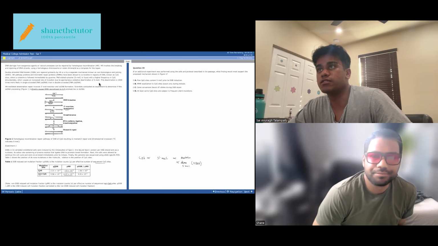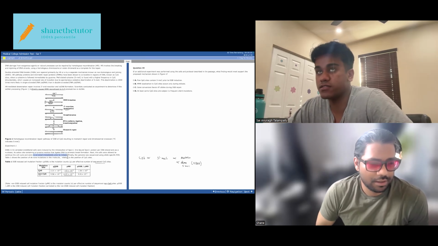But they don't really mention anything about mitosis. The only thing they say is that the cells were re-arrested immediately prior to mitosis.